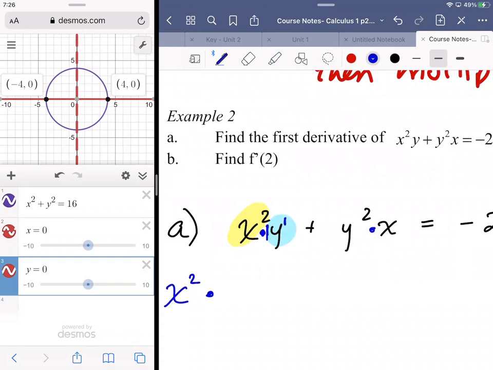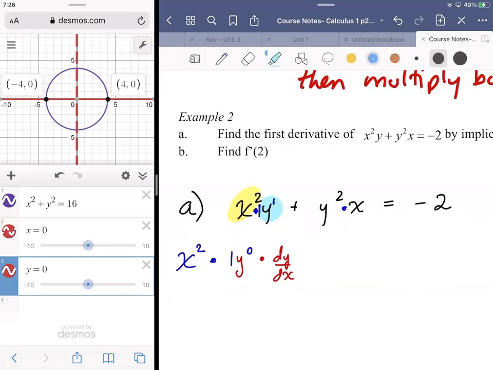So I'd say, well, what would it be if it were 1x to the first? I would have 1 times 1, which is 1. It would be x to the 0th power, but it's really not an x. It's a y, so I'll use a y there. But because I took the derivative involving a y term, I will then have to multiply by dy dx.